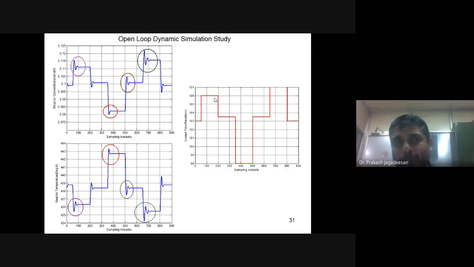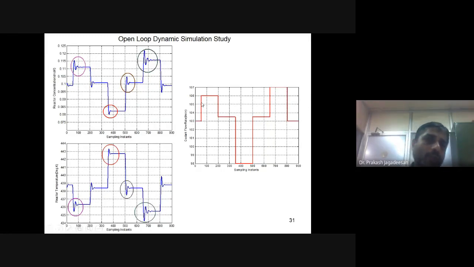So if you have a real experimental setup, you can conduct tests on it, or if you have a model, then you can simulate. So these are the input variations introduced. QC variation with respect to sampling instance. For this input variation, the system is responding. The variation in concentration and variation in temperature are shown in the figure.